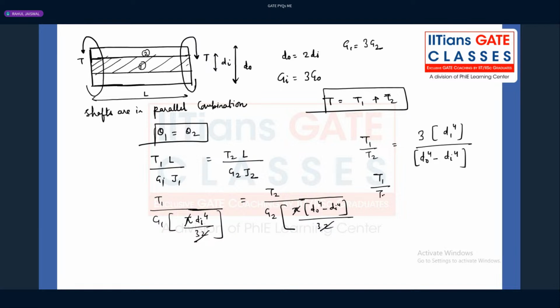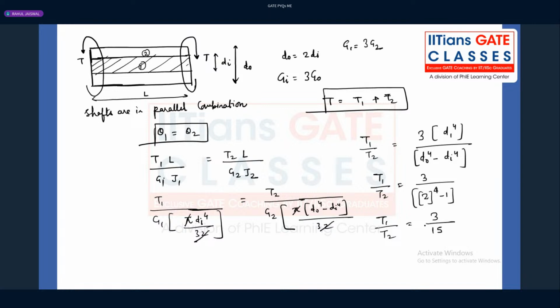So T1 by T2 will be 3 divided by 2 to the power 4 minus 1, which is 3 divided by 15.